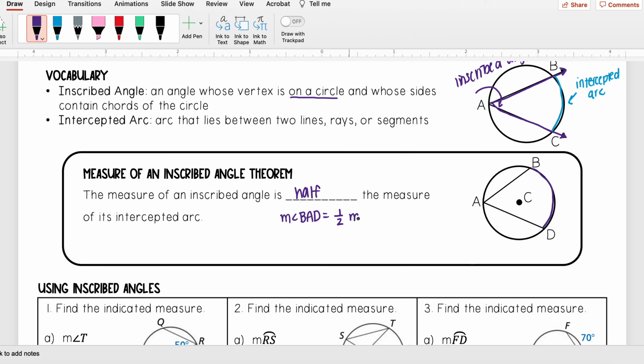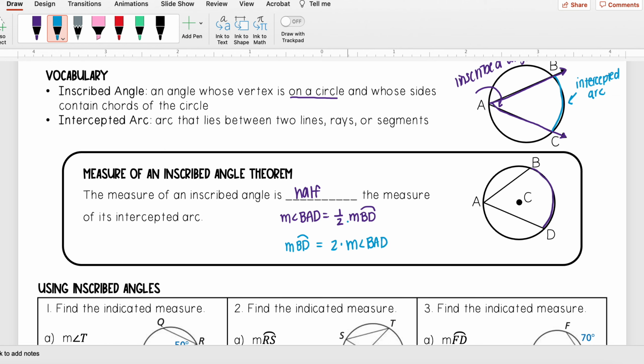So it'd be half of the measure of arc BD. And on the flip side, that means that the measure of arc BD is equal to 2 times the measure of angle BAD.